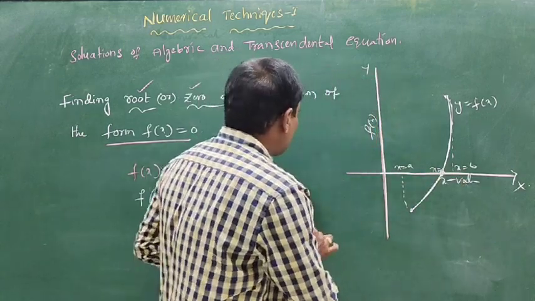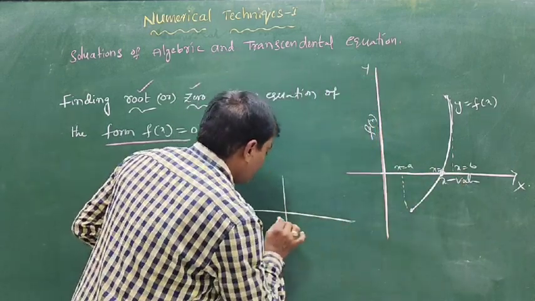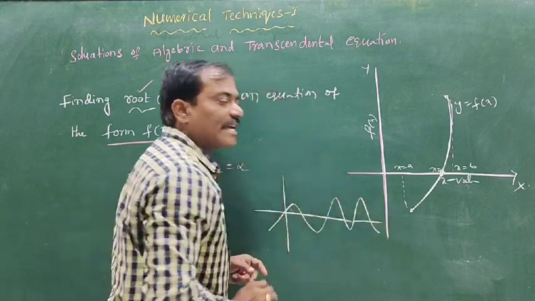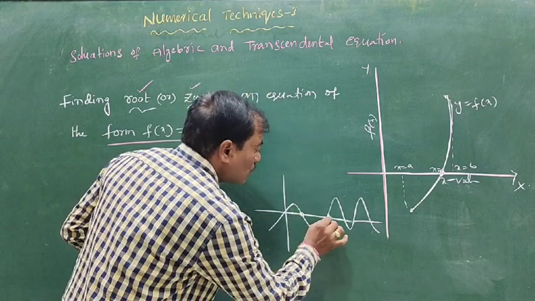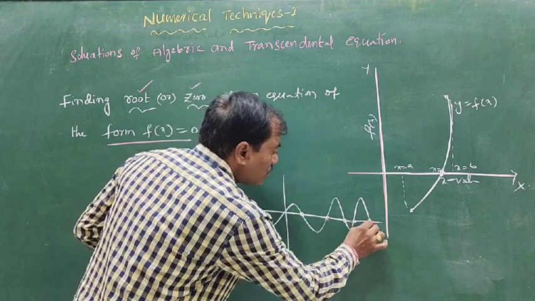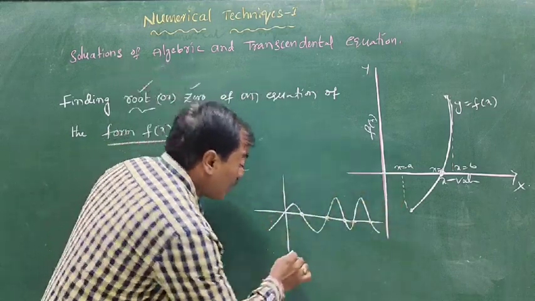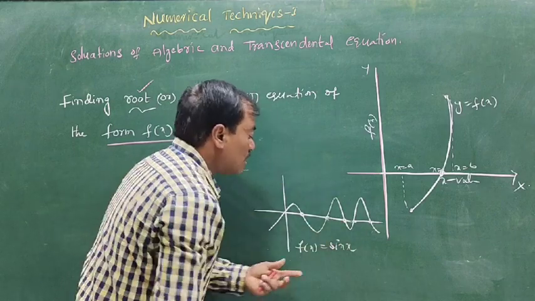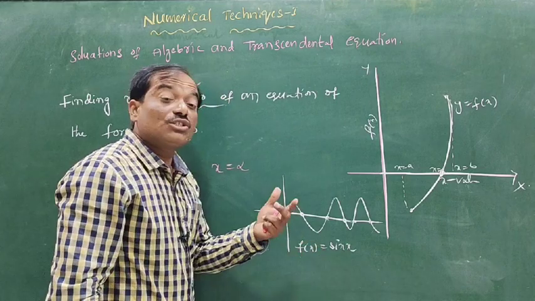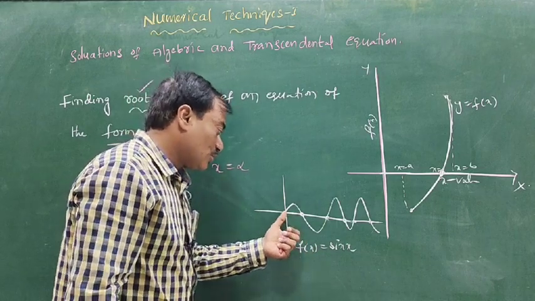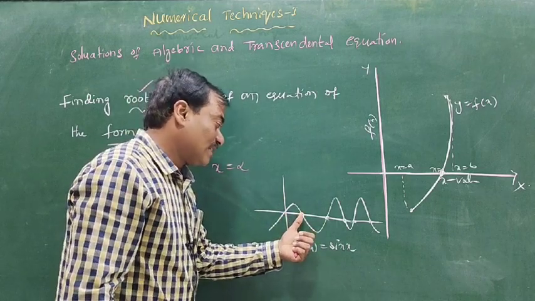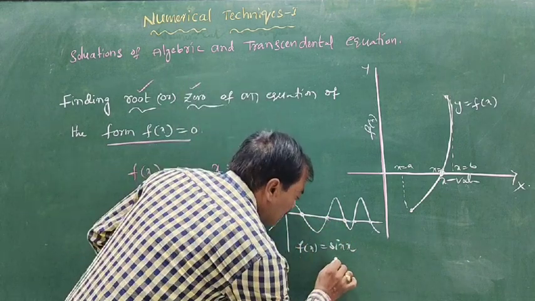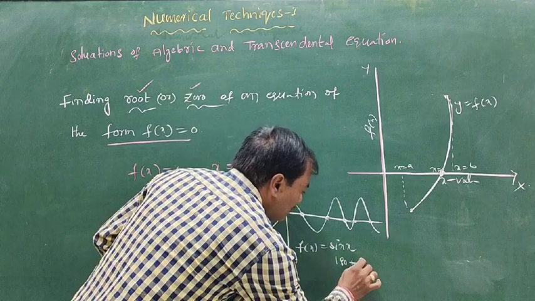For example, we know that this is the graph of sin x, and this is one of the zeros, this is one of the zeros. So f of x equal to sin x is also a function. This function has zeros at x equal to 0, at x equal to 180, at x equal to 360, at x equal to 180 plus some theta.